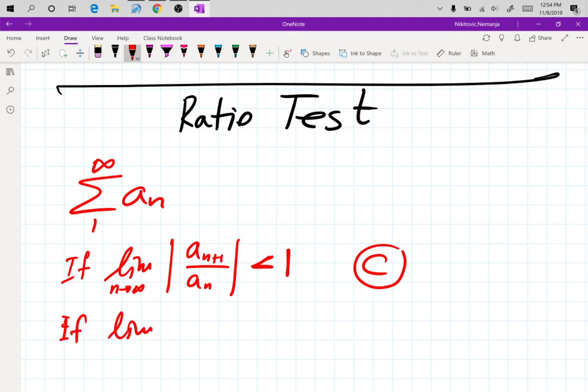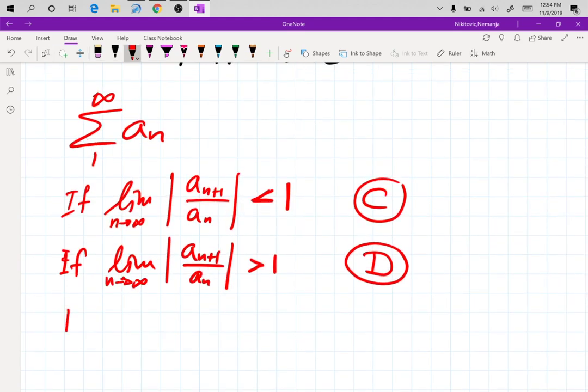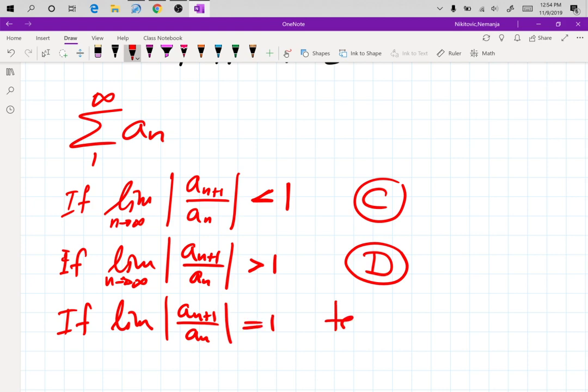If the limit of a_(n+1) over a_n is larger than 1, we have divergence. And finally, if the limit is equal to 1, the test is inconclusive.